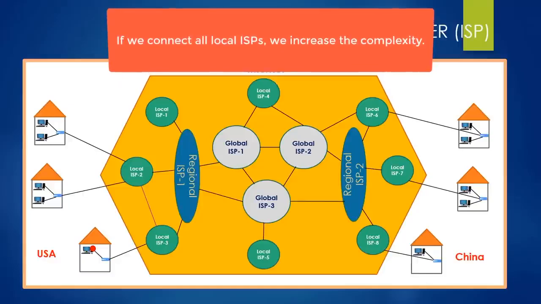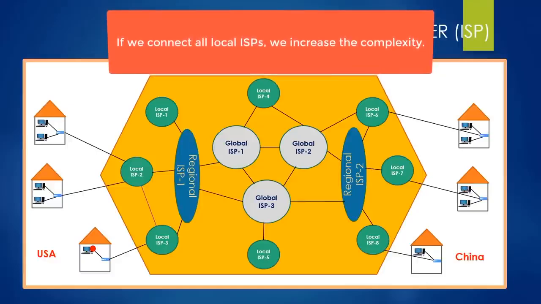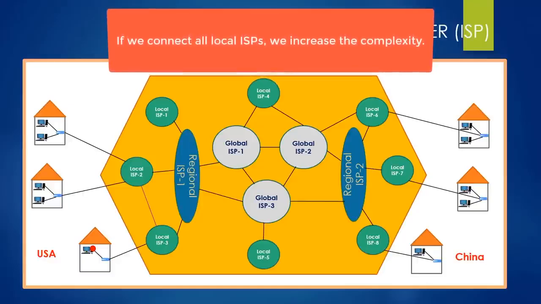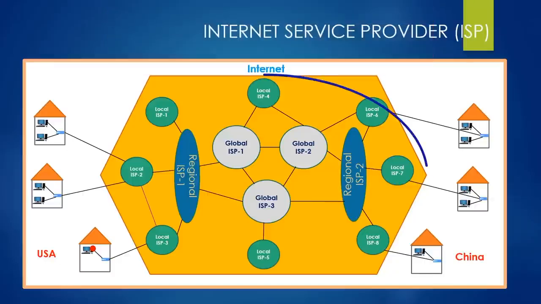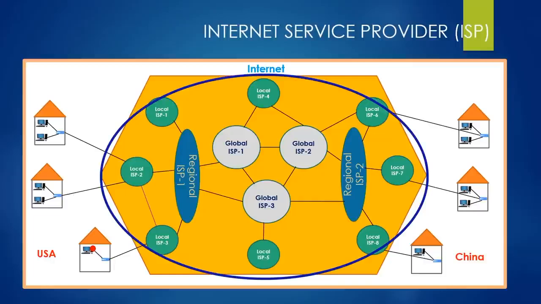And if we connect them all together, complexity will definitely occur. And we don't want to increase the complexity of this system. It is already quite complex, isn't it? And that's why we use a central hierarchical ISP structure as you see in the visual. With the minimum number of connections between ISPs, we ensure that all ISPs communicate with each other.